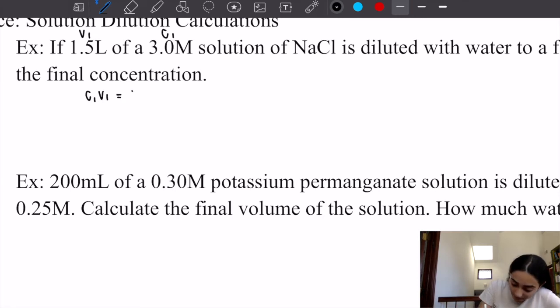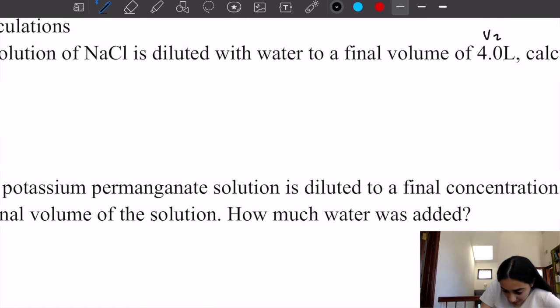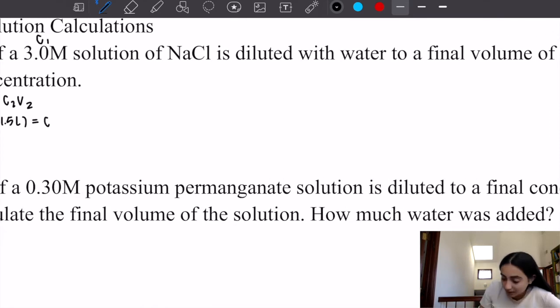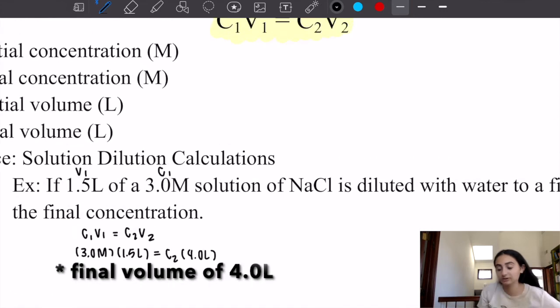So I'm going to write C1V1 equals C2V2. And now you can just plug in what you know. So you have your initial concentration of 3.0 molarity times 1.5 liters equals, we're looking for C2, and we have our final volume of 4.0 liters.